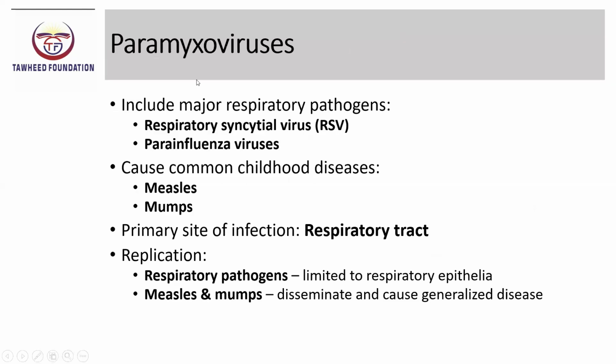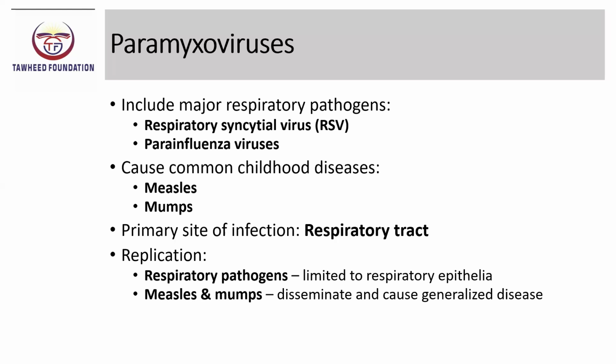Fourth is paramyxovirus. It includes major respiratory pathogens. These viruses include the most important agents of respiratory infections of infants and young children, as well as the causative agents of two of the most common contagious diseases of childhood, that is mumps and measles.